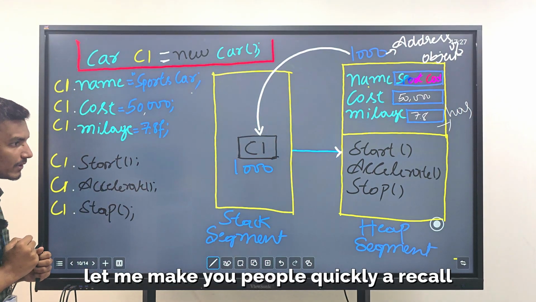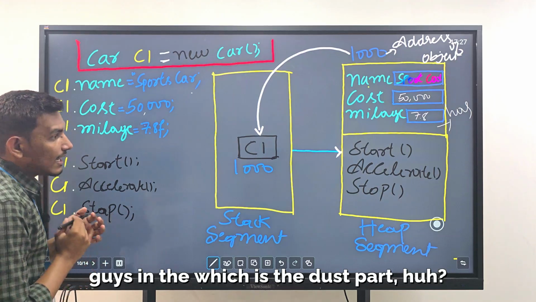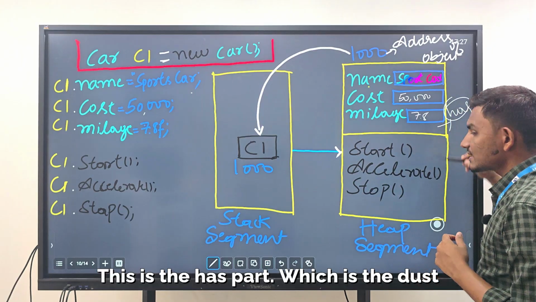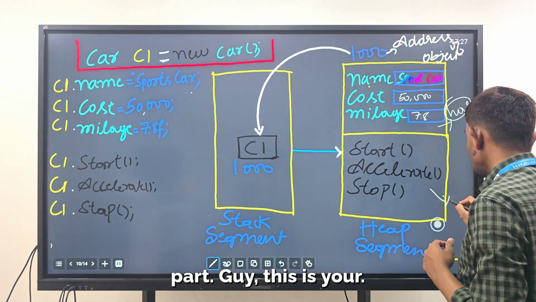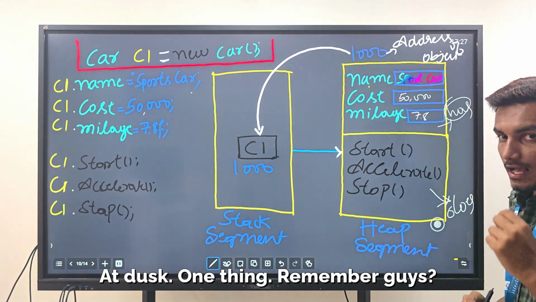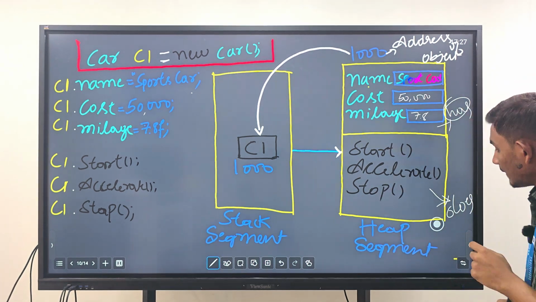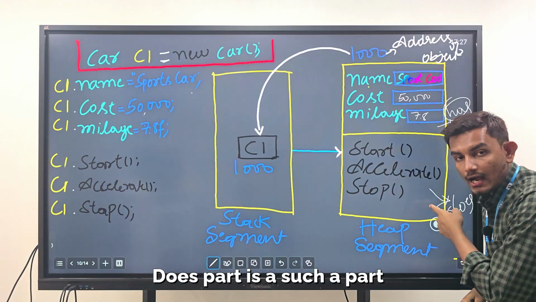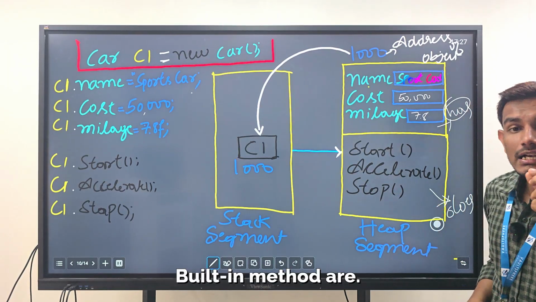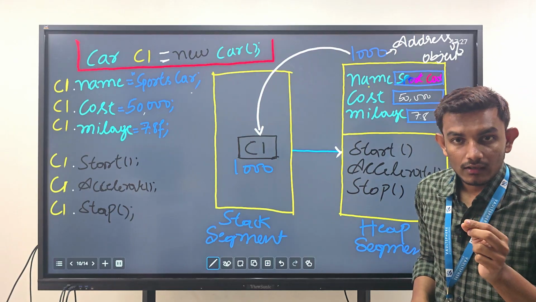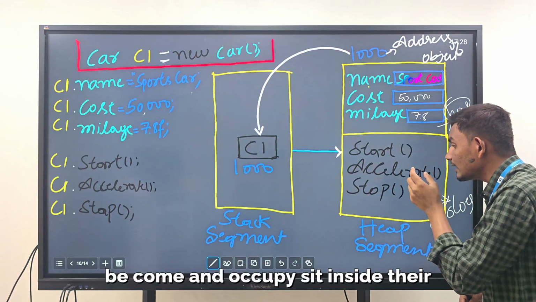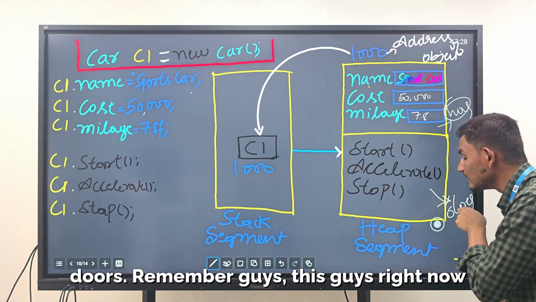Guys, one more thing I have told you, let me quickly recall for you. Guys, in the has part, which is the does part? This is the has part. Which is the does part, guys? This is your does part. One thing to remember, guys: the does part is the part where all your built-in methods or the methods which you have created will come and sit inside the does part.